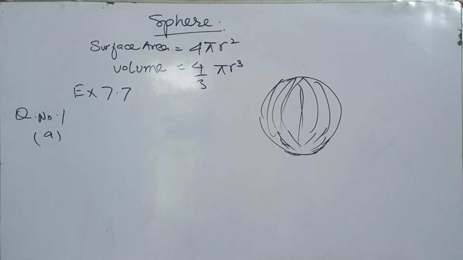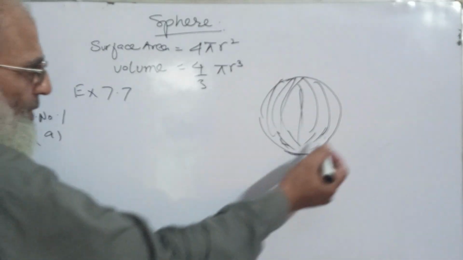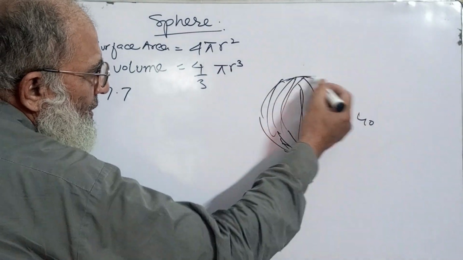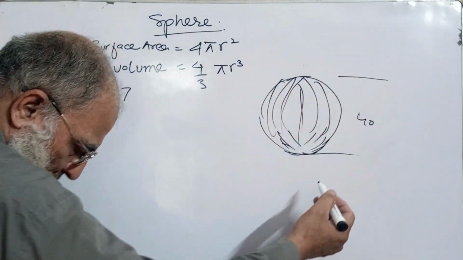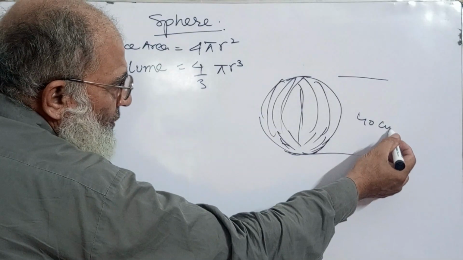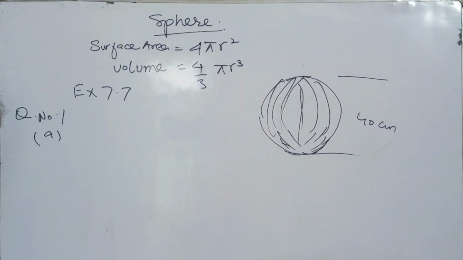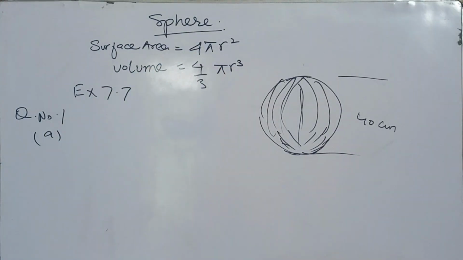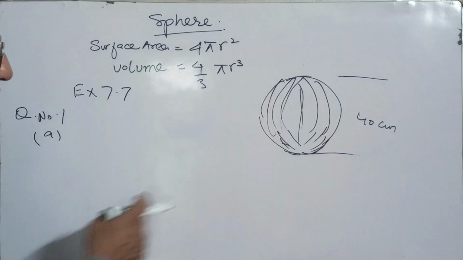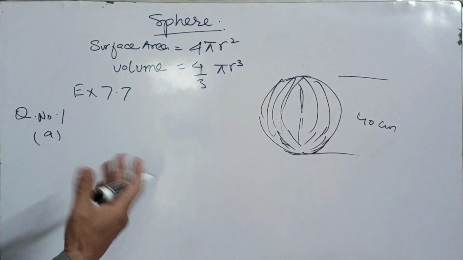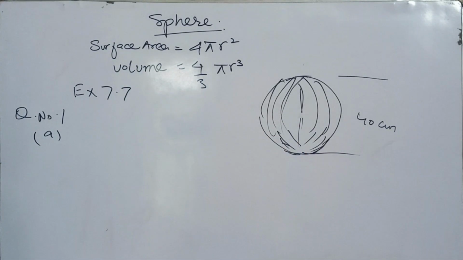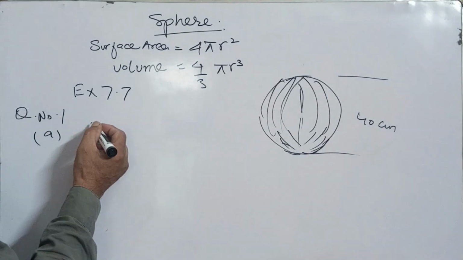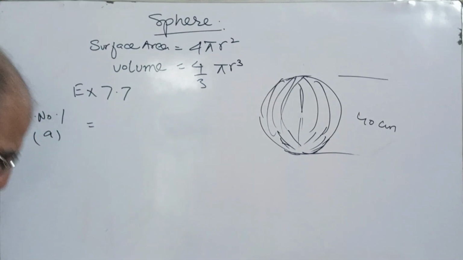So in question number 1, part a, a beach ball has been given to you with a diameter of 40 centimeters, and what we have to find is the surface area of the beach ball, but we don't have to solve the pi. Now this is the diameter, so the radius will of course be 20 centimeters. So what is the surface area?